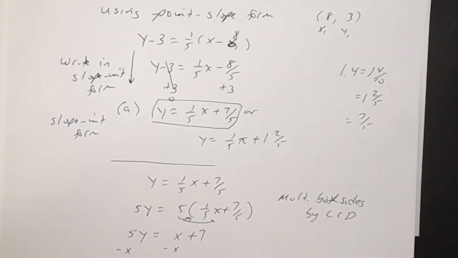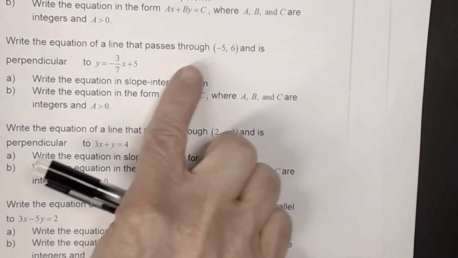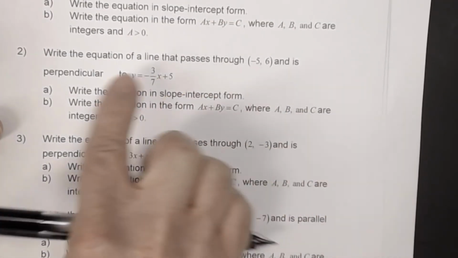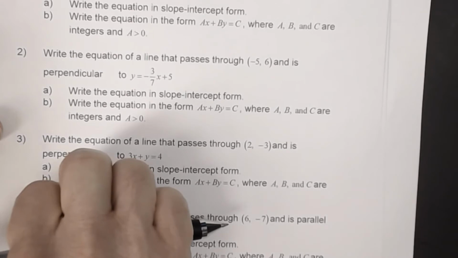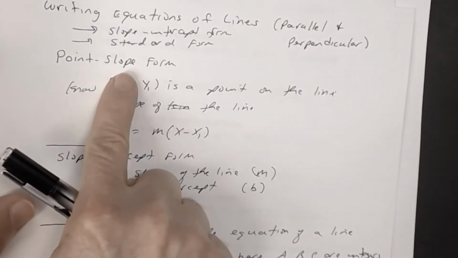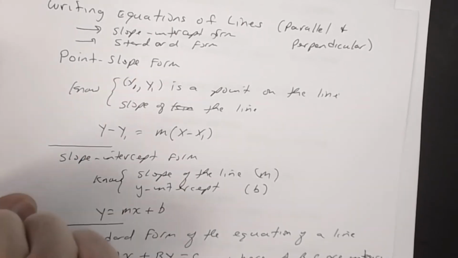So that's number 1. So number 2, you have this situation now. You want to write the equation. The point it goes through now is -5, 6, but this time it's perpendicular to this line. The previous one was parallel. Now remember, if you are going to write an equation of a line, you want to use point-slope form.